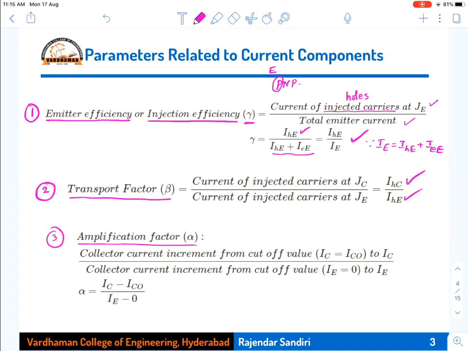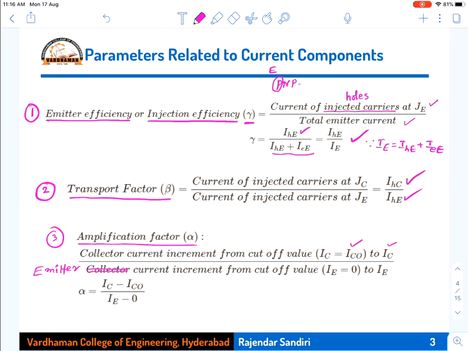So the numerator is collector current increment and the denominator is emitter current increment. So what is the increment value when the junction is cut off? Cutoff is nothing but reverse saturation current, right? When the junction carries only reverse saturation current, IC is called IC naught. When the junction carries the reverse saturation current as well as the current coming from the emitter junction, both will be considered as IC.